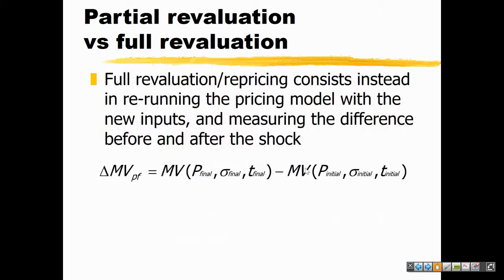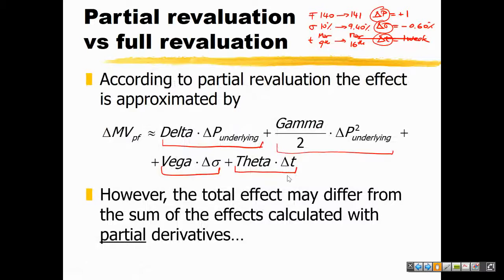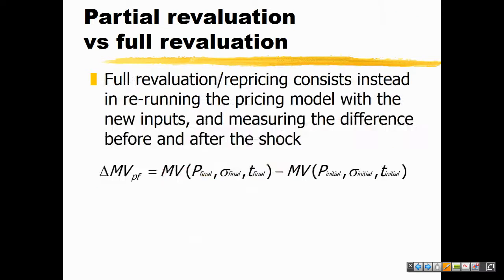The method which instead is more precise is to go through full revaluation or repricing, which essentially means you take your pricing model first with the initial situation of price of the underlying, volatility and time, and then you rerun the model with the new data.